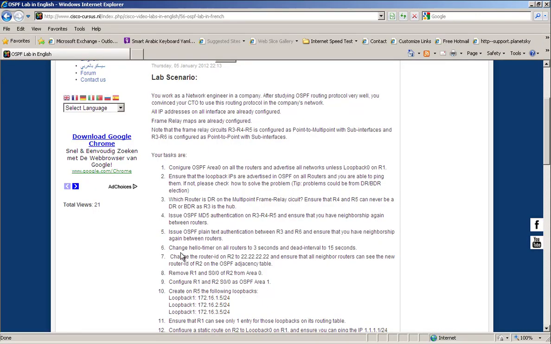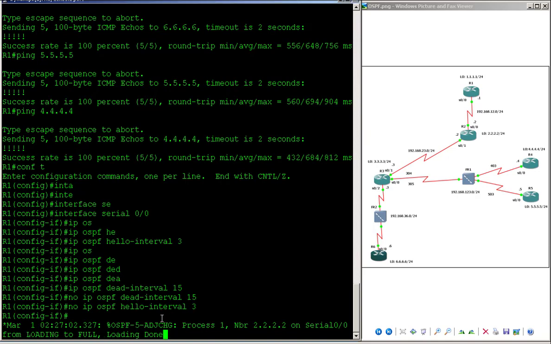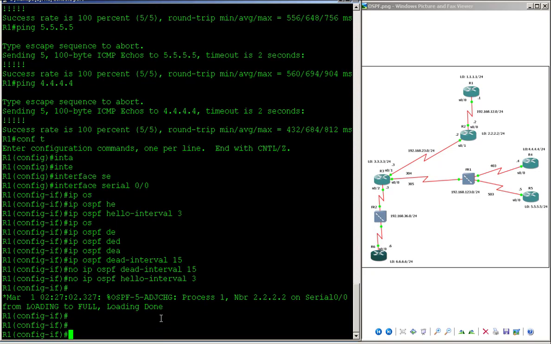Okay, now change the router ID on R2 to 22.22.22.22, and ensure that all neighbor routers can see the new router ID of router 2 in the OSPF adjacency table. Okay, so I go to router 2.